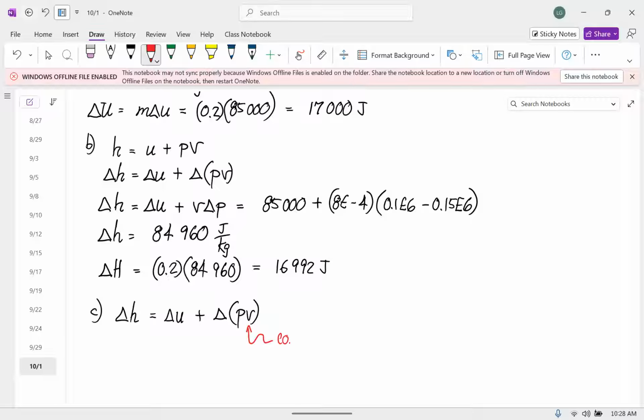V is already constant because it's incompressible. Now we're saying that P is also constant. And that means that this goes to 0. And so delta H and delta U are the same.